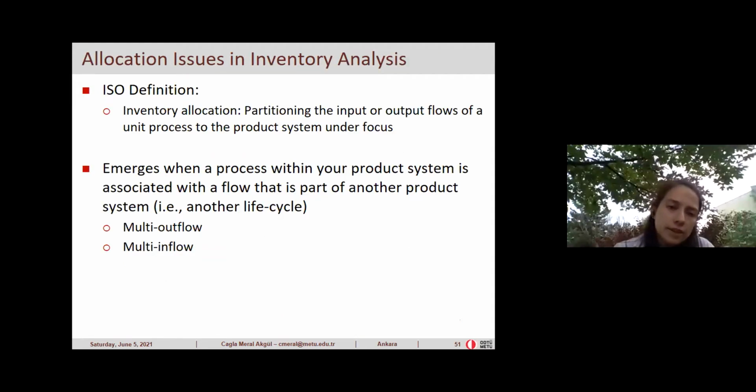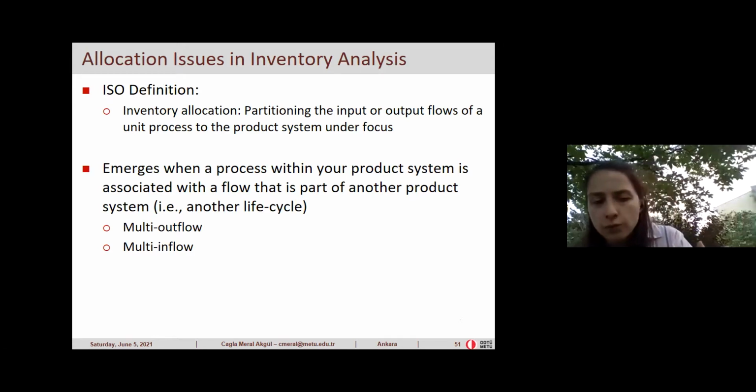The inventory allocation basically is partitioning the input or output flows of a unit process to the product system under focus. It emerges when a process within our product system is associated with a flow that is part of another life cycle actually. It can be multi-outflow or multi-inflow.